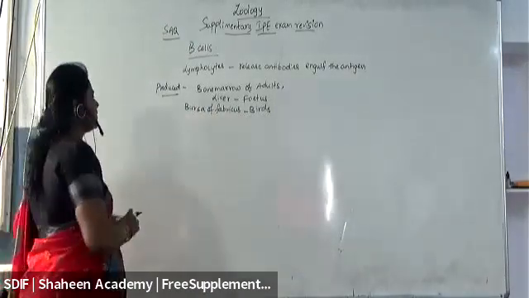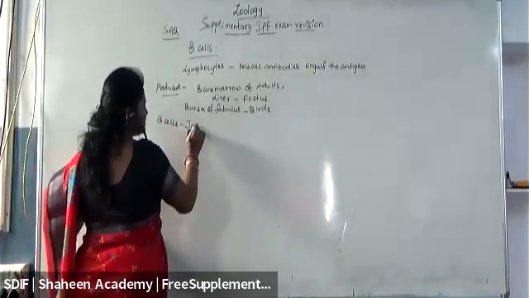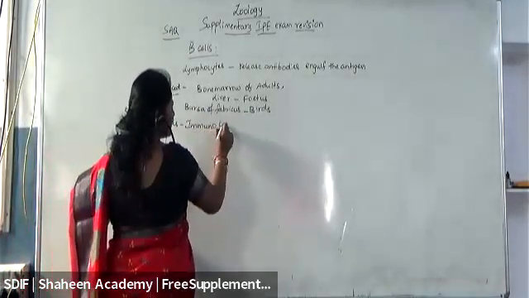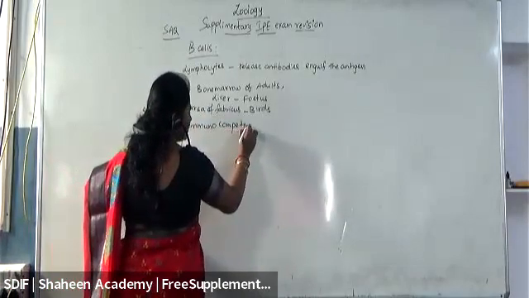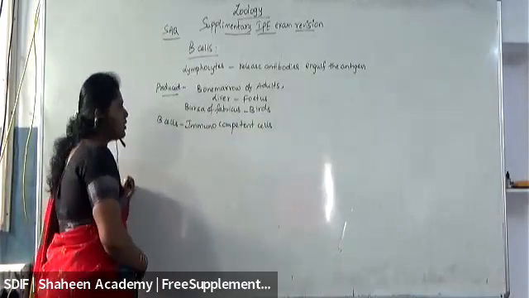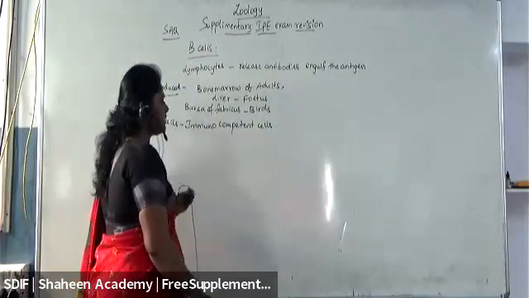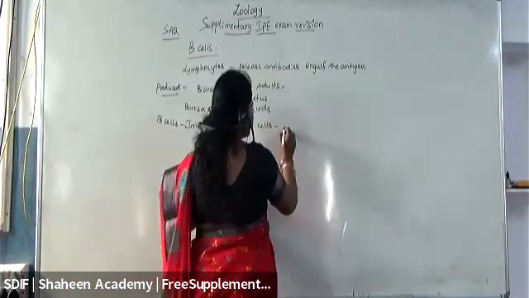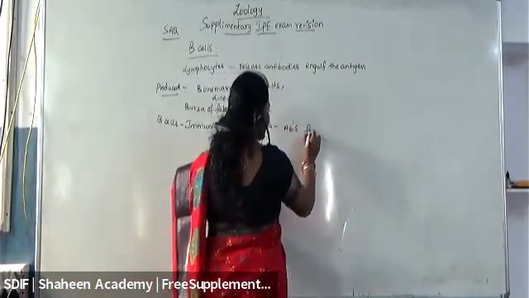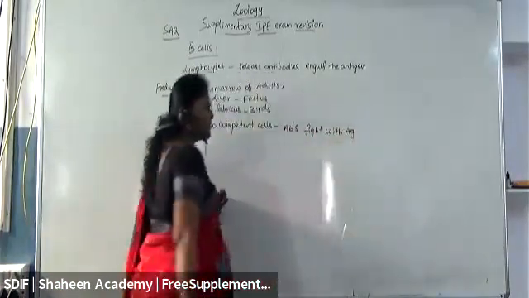Then these B lymphocytes are called immunocompetent cells. Why are they called immunocompetent cells? Because they secrete antibodies that will fight with antigen.